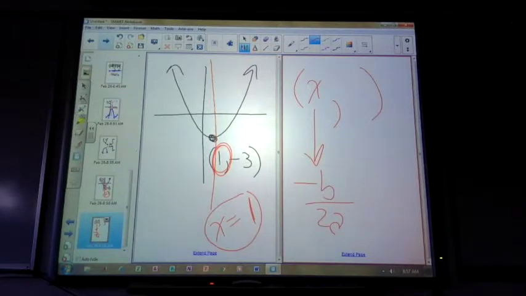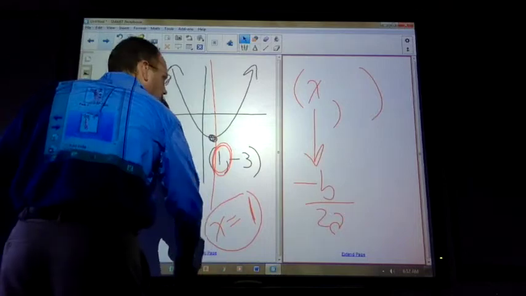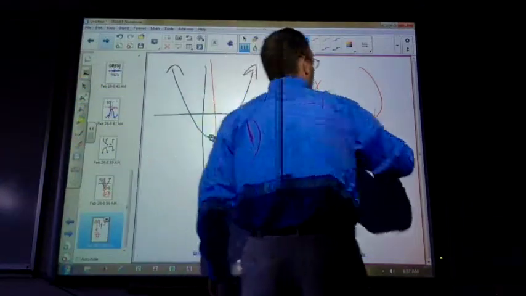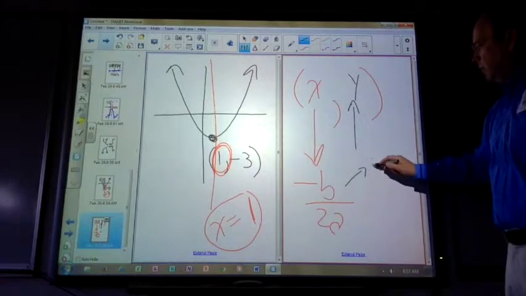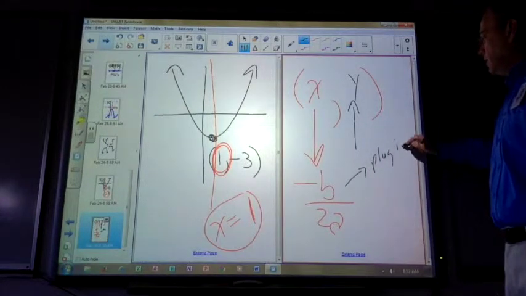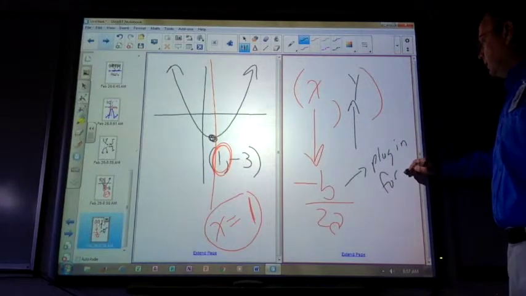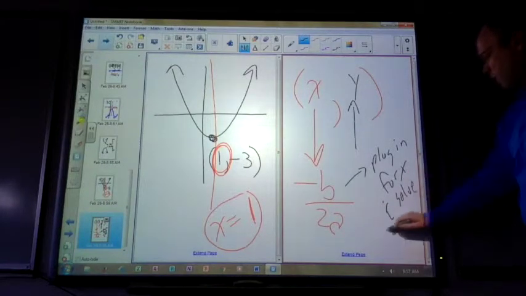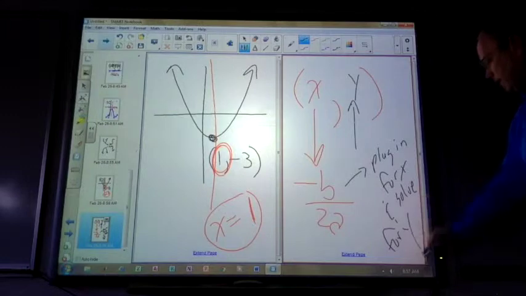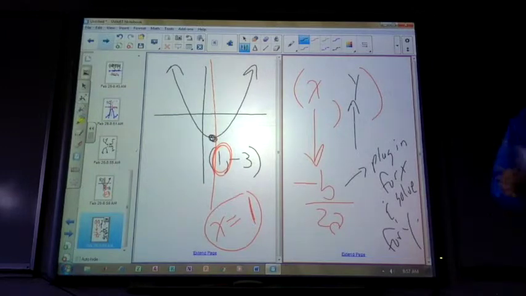Still with me? What would I have to do with that 7 to find the Y component? Plug it in for X. Yep. So in order to find this Y value, I'm going to plug this in for X, and solve for Y. Cool. I like it.